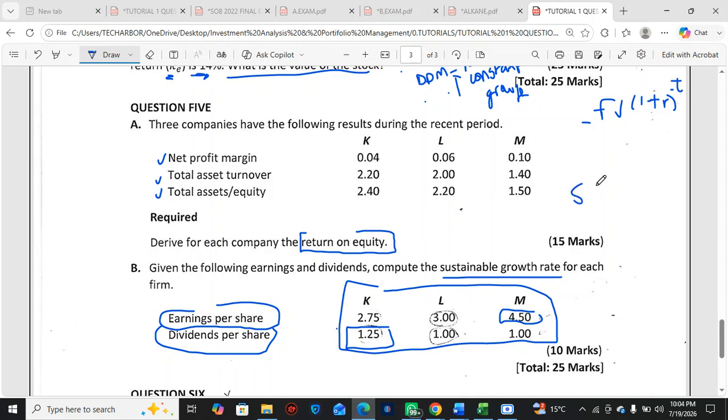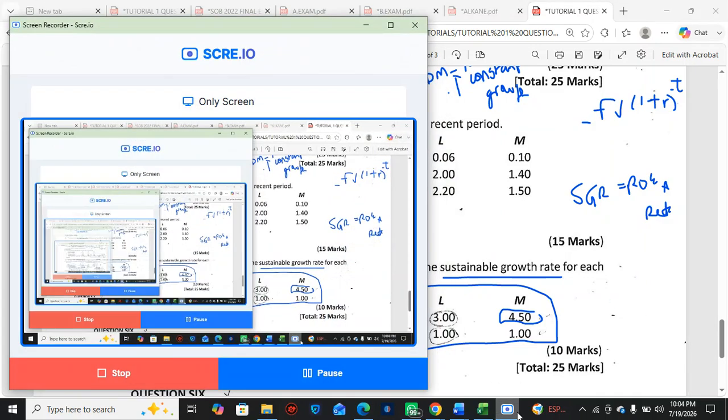Remember, SGR is ROE multiplied by the retention ratio. So here basically what we're doing is just tabulating the retention ratios, then multiplying by the returns on equity to get the sustainable growth rate. Is that okay, madam?